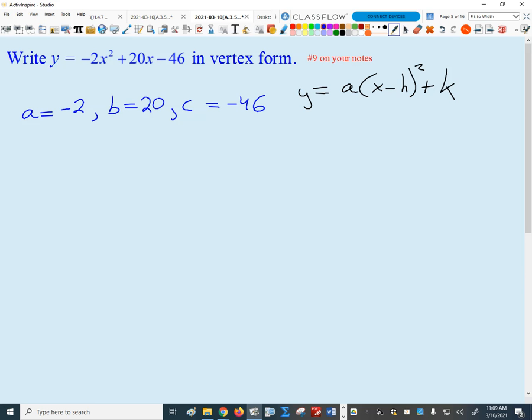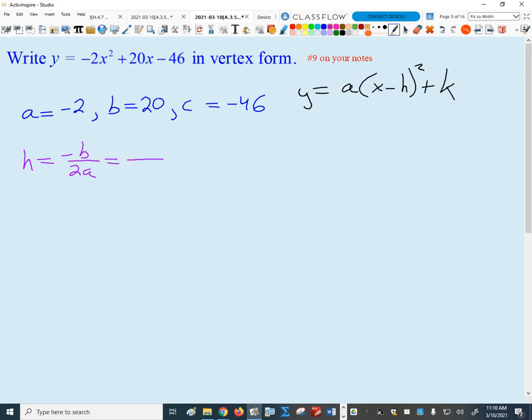Good stuff. Okay, good. So we know h equals -b over 2a. So write the numbers then that you'd get on the top and the bottom of that fraction.